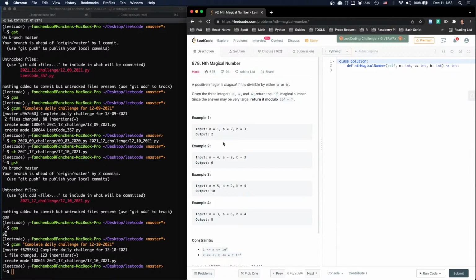Any clue? Well, what we do have is, towards 10 to the 9th, we have all the values. We have all the values. I feel like it, I don't know.